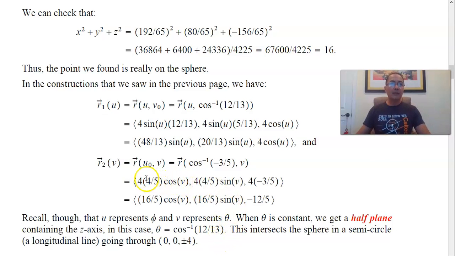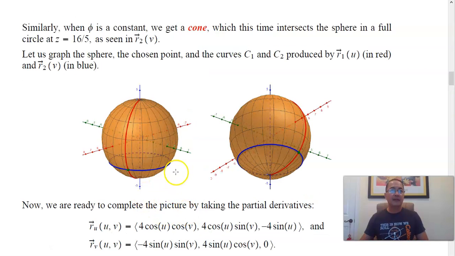What about if phi is constant, which is the v? Notice how we got a constant z coordinate. That's because we get a circle going around the z-axis, and we get a latitude. That circle is always at the plane z equals negative 12 over 5. All right, so we got the sphere over here.